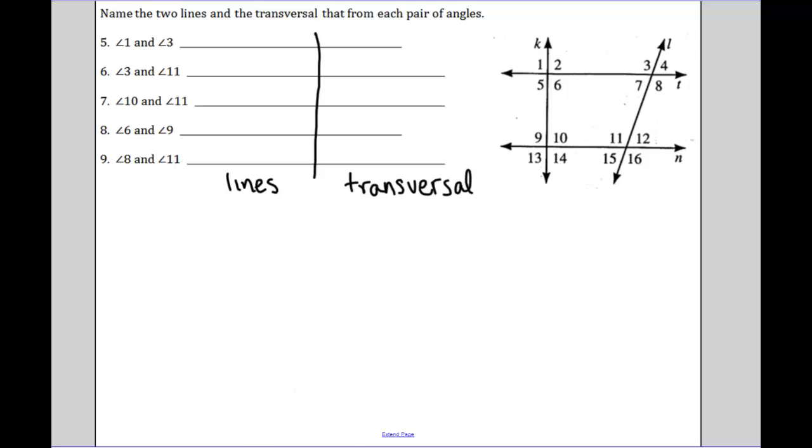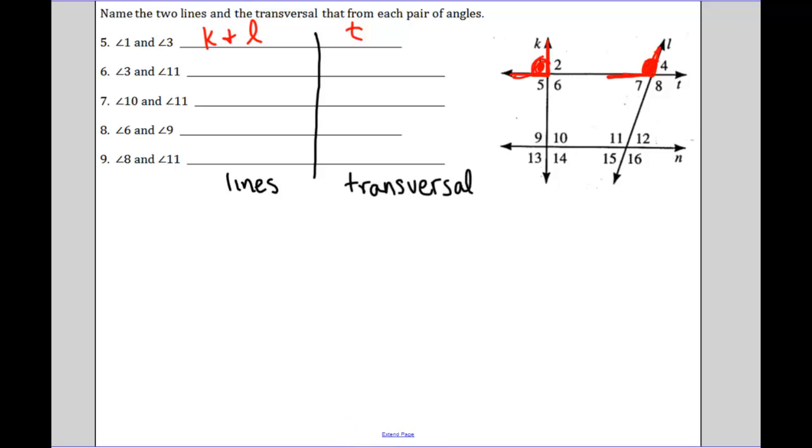Okay, so angle 1, and I might even color that in, and angle 3. Now remember, your transversal intersects 2 or more lines. Which line do they share? They share line T, so that's our transversal. And K and L are the 2 lines that intersect T.